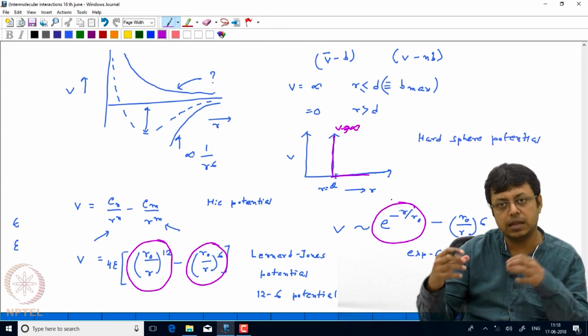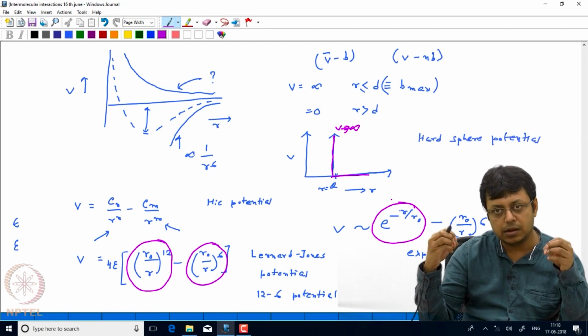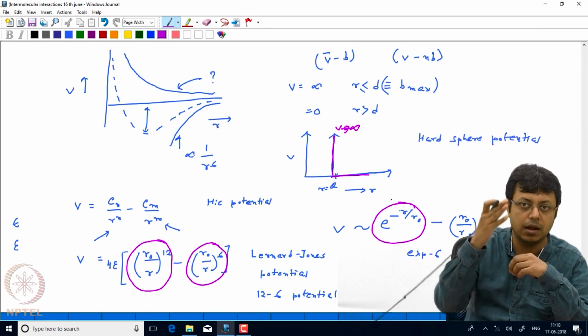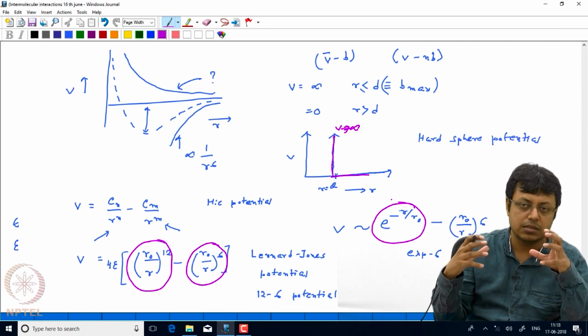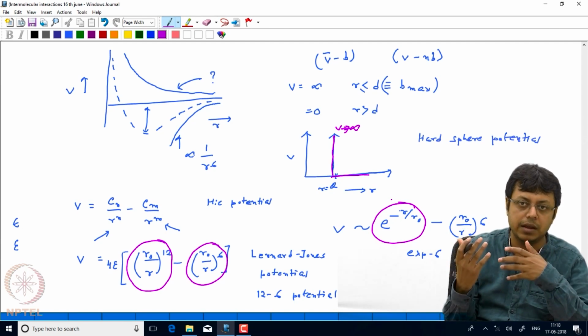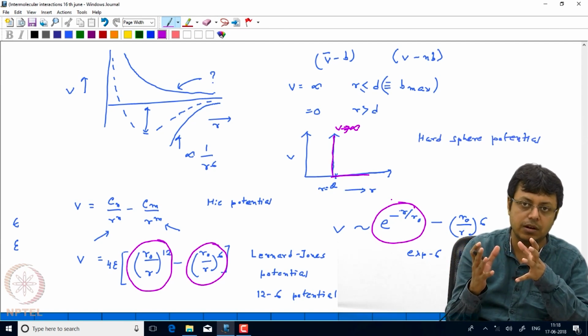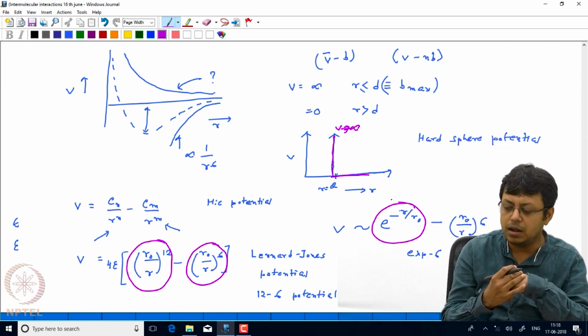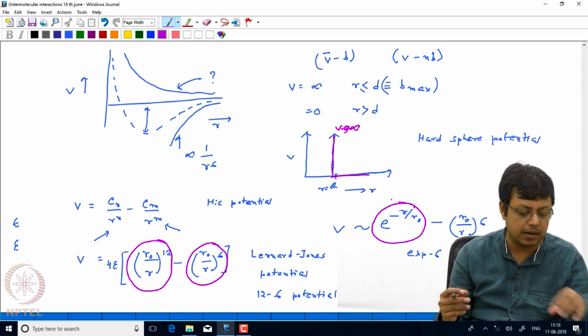repulsion, because you can think that when two electrons come closer together, their orbitals interact, and you know how the orbital energies go. So, it is mostly like the energy shoots up as e to the power minus r by r0, because the wave function for a 1s orbital, or the electron density, which is the square of that, goes as e to the power minus r by r0.